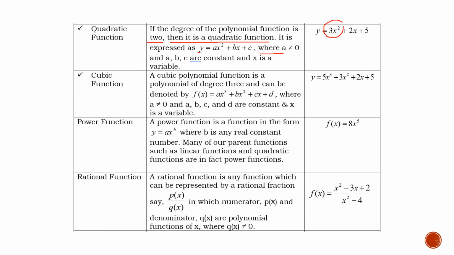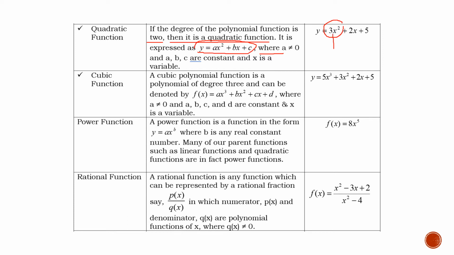Now, using this general form of the quadratic function, your a is your numerical coefficient under your x squared, and it should be not equal to 0. B and C can be equal to 0, but A should not be equal to 0.